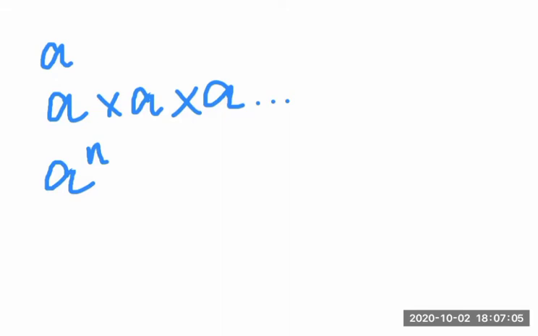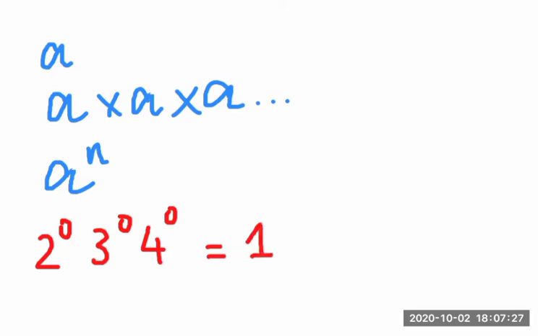This is part of simple arithmetic: when you have 2 power 0, what does that become? 2 power 0, 3 power 0, 4 power 0, any value to the power 0 becomes 1. That's correct. But what if I have 2 power negative 3?